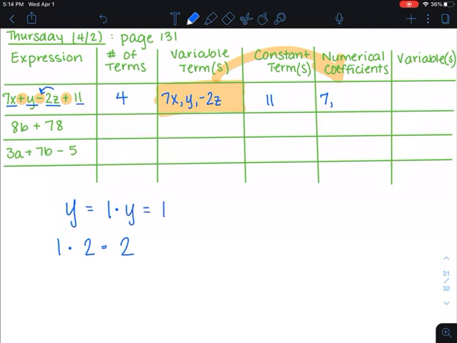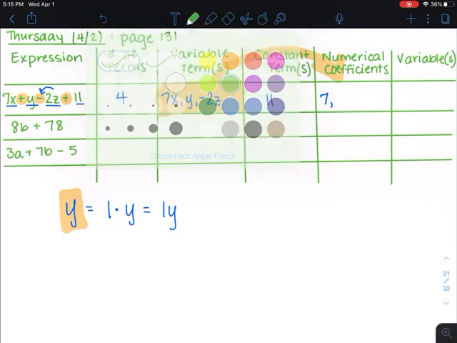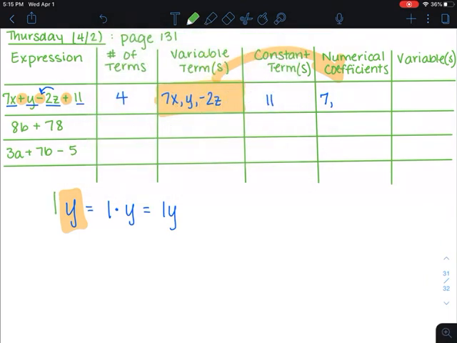What do you think if I did 1 times y? I would have 1y, but if I have 1y, we don't have to express that, just like 2 is the same thing as 1 times 2. It's just 2. Y is the same thing as 1y, so I can leave it as just y, which makes it an imaginary 1 for the coefficient. So I'm going to plug in a 1 for my y term, has an imaginary 1 in front.